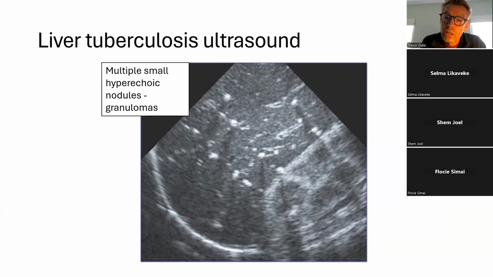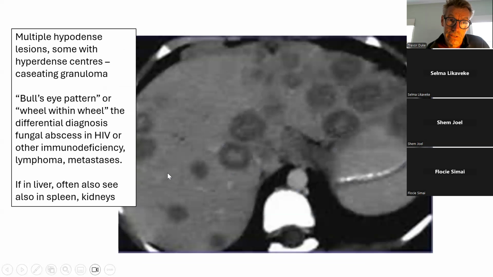There are multiple hyperechoic lesions within a large spleen. So typically an enlarged spleen with multiple hyperechoic or hypoechoic lesions throughout. They're different where the echogenicity depends on whether they're more chronic granulomas or more acute changes.